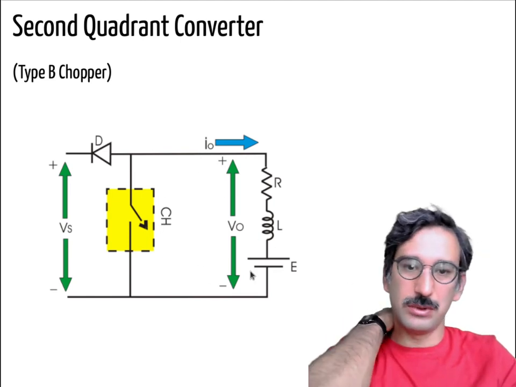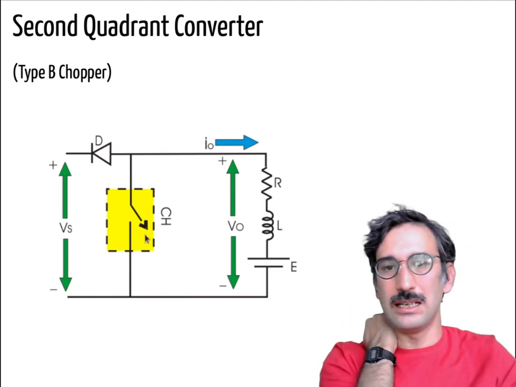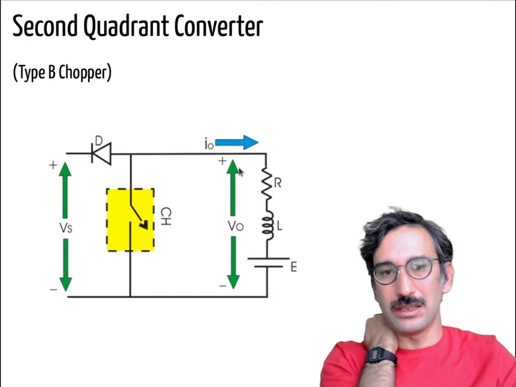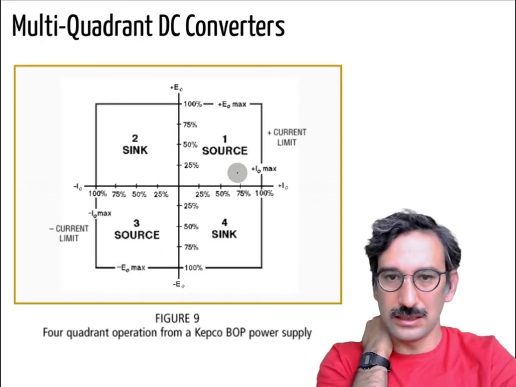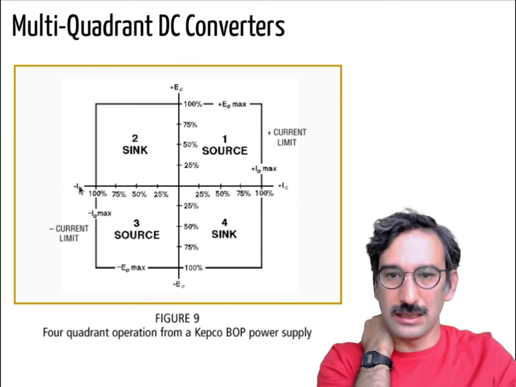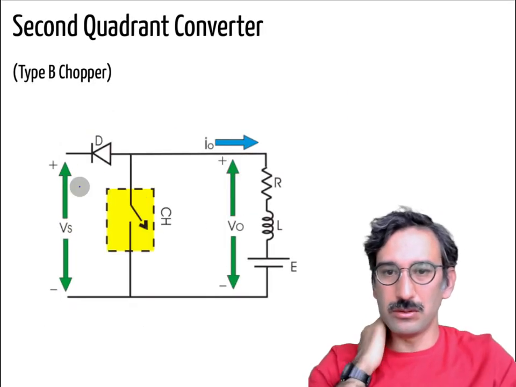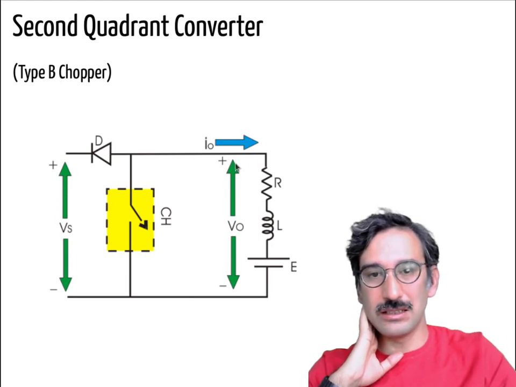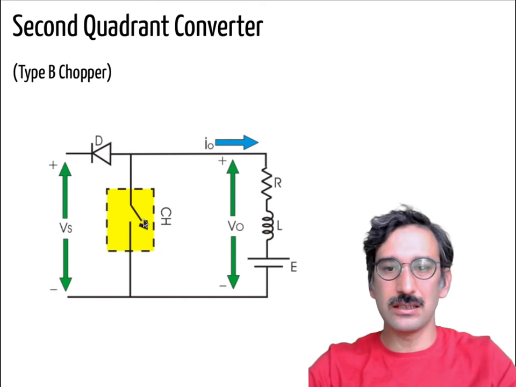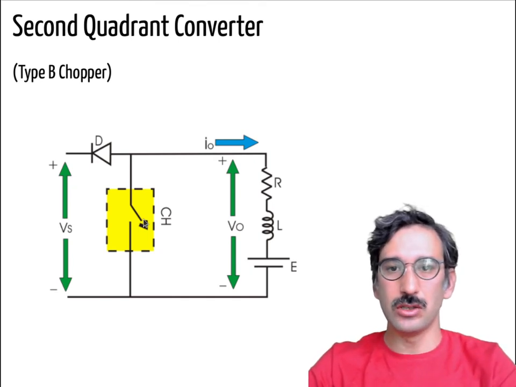That needs to be some kind of active load, and it is giving some current. Actually, the current needs to be in the negative direction with respect to that one. The direction is defined like that, but the actual current will be flowing in that direction. So that's the type B chopper.